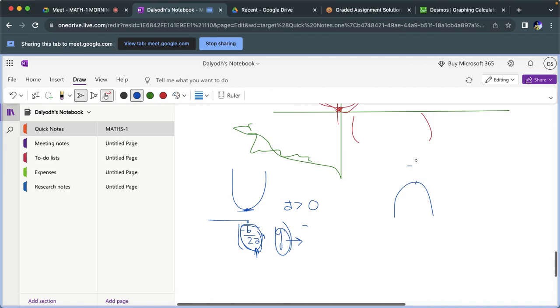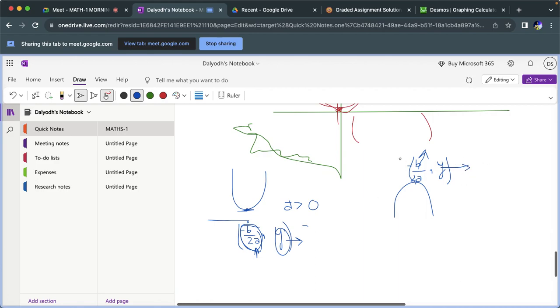At the point minus b upon 2a, you will get a maxima. The value of y you get is not called the maxima, it is called the maximum value, and the point is known as the maxima. I hope you know the difference between these.